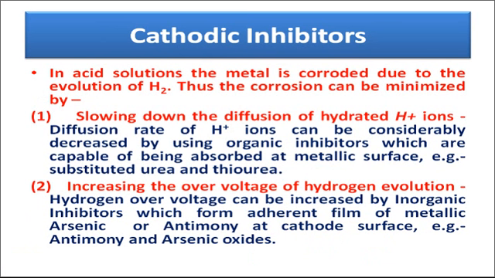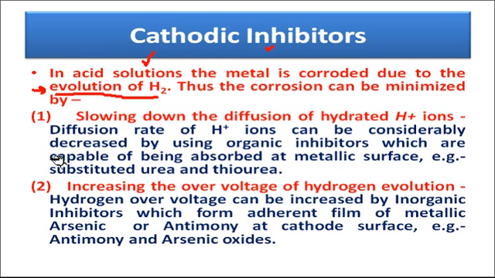So cathodic inhibitors are the substances which inhibit the cathodic reaction, and we know the cathodic reaction is highly medium dependent. In acidic environment, at the cathode hydrogen evolution takes place. So to minimize the cathodic reaction in acidic medium, we have to stop or minimize the evolution of hydrogen at the cathode.